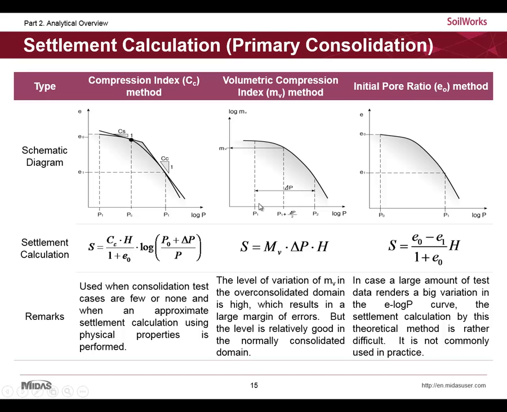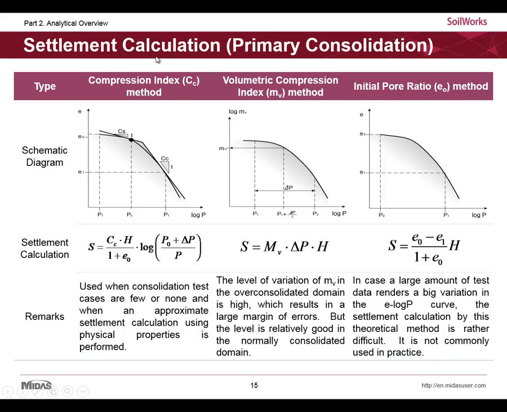Clay can be classified by stress history, that is normally consolidated, underconsolidated, and overconsolidated clay. This mv method can result in large errors in the overconsolidated domain, and since the e0 method depends on the variation of test data, it is not commonly used in practice.